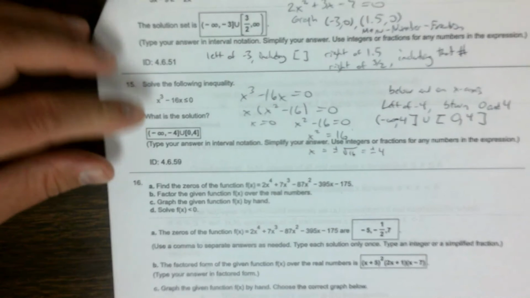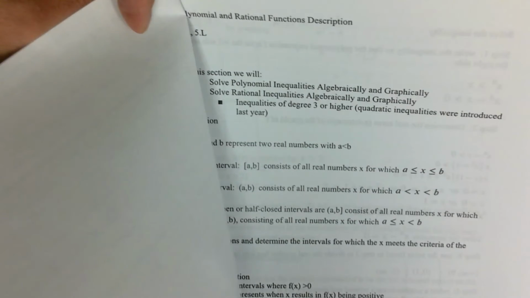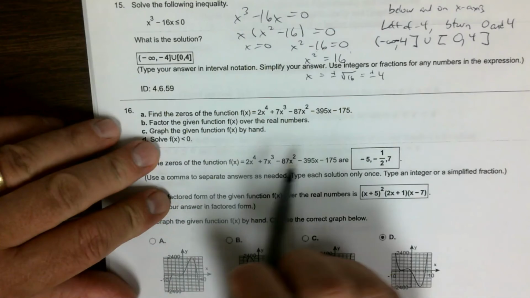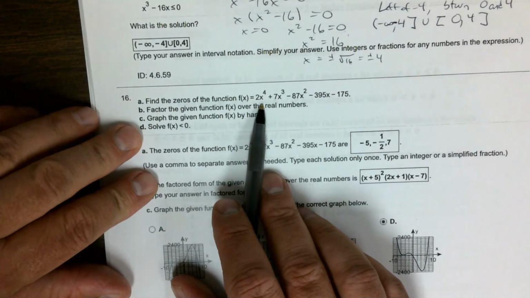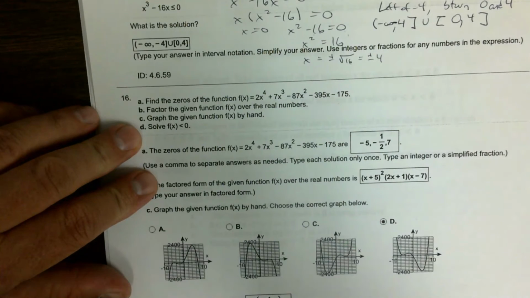Now 16 is your last one. They want you to do something similar to what we did before, like on a different section, maybe 4.3 or 4.4.